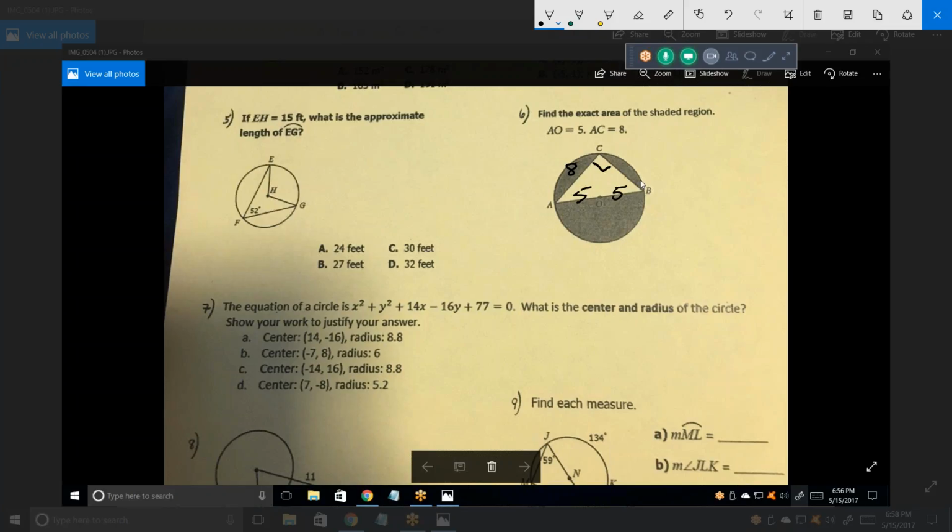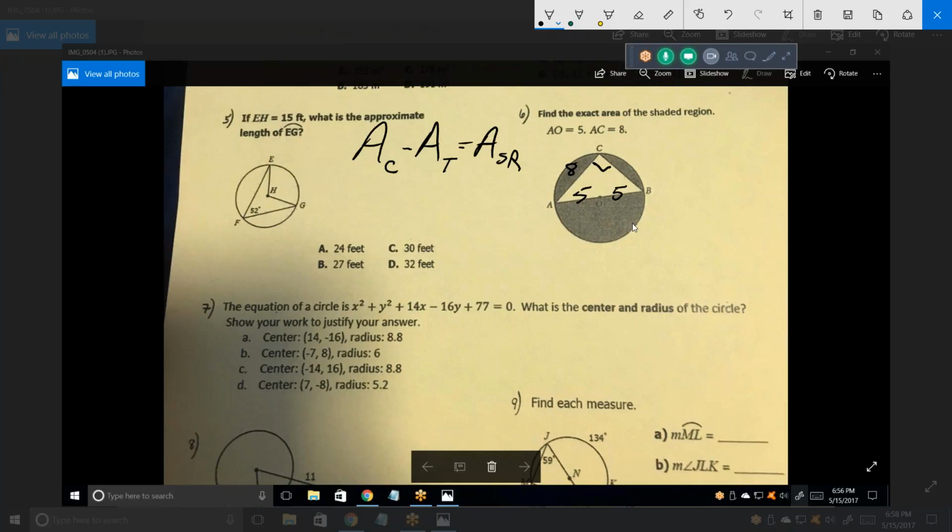But what we do know how to do is calculate the area of that triangle, because it's a right triangle. And I also know how to calculate the area of the circle because they've given us the radius. So, this is the way I like to write it: the area of the circle minus the area of the triangle equals the area of the shaded region.